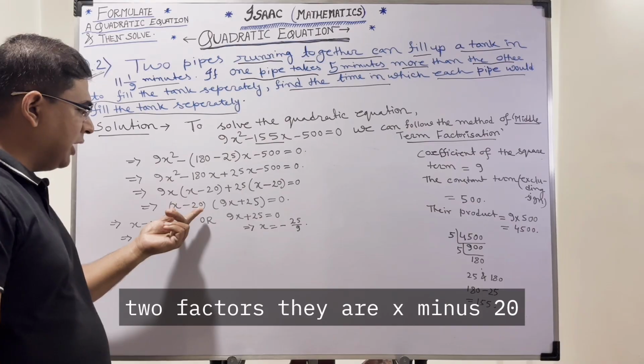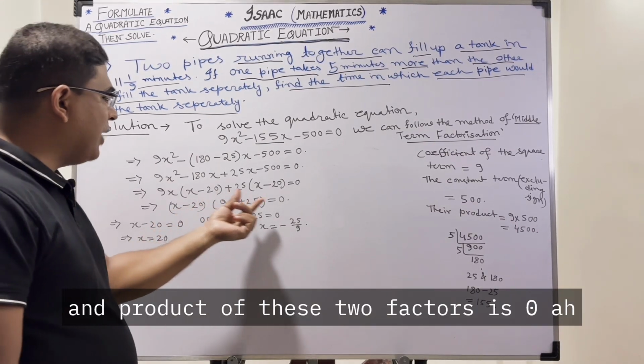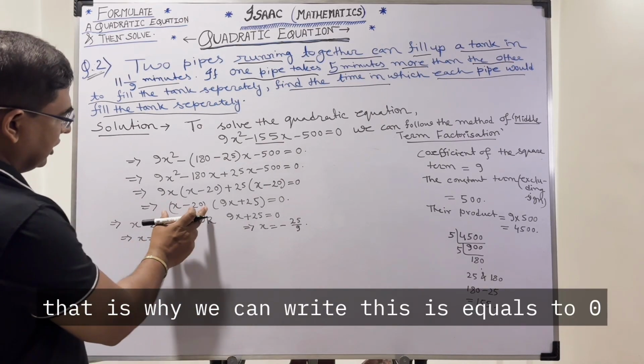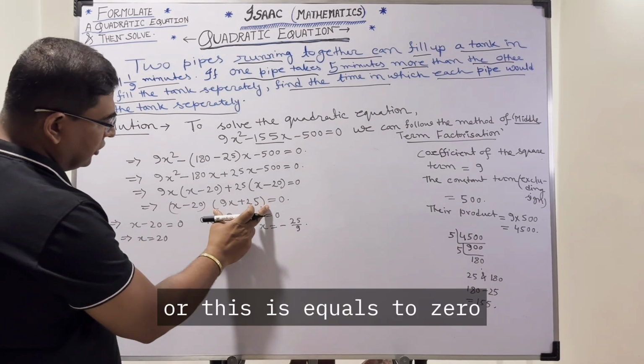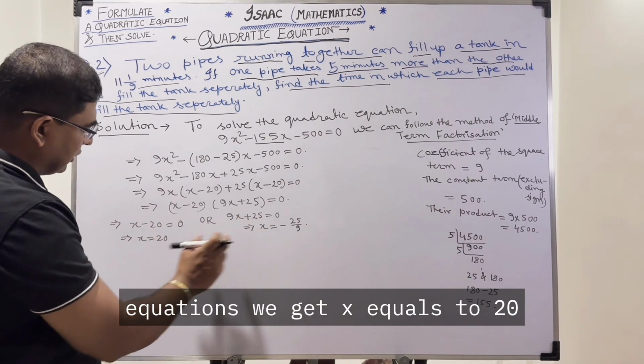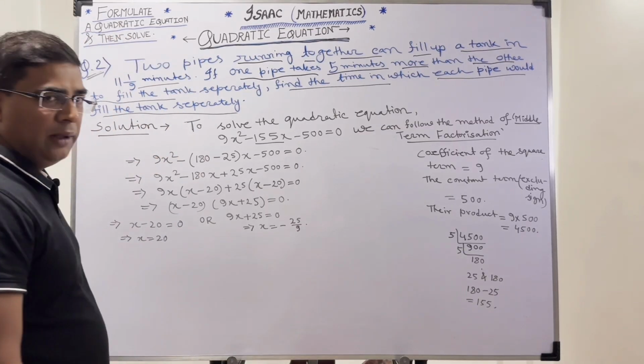They are x minus 20 and 9x plus 25. And product of these two factors is 0. That is why we can write this is equals to 0 or this is equals to 0. And after solving these two linear equations, we get x equals to 20 and x equals to minus 25 by 9. Okay.